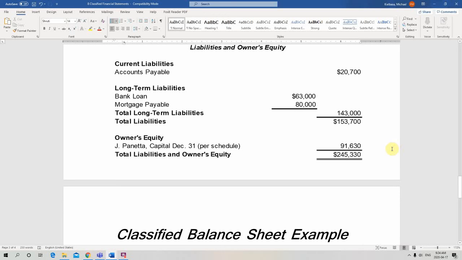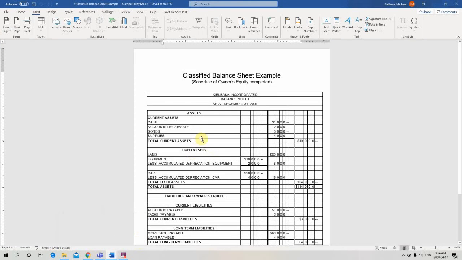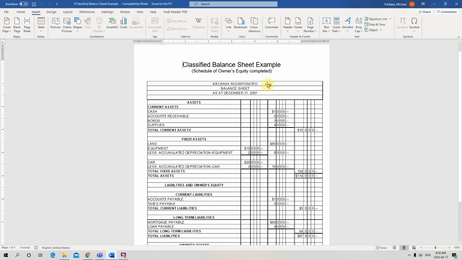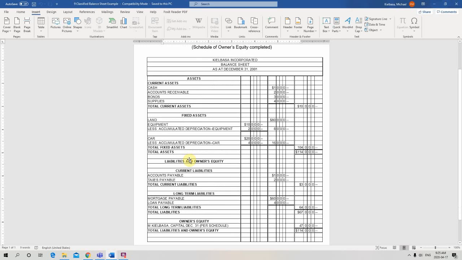Okay, here's an example of a classified balance sheet. Now, this is probably your best example for completing a classified balance sheet because it shows how to deal with accumulated depreciations. Okay. All right.